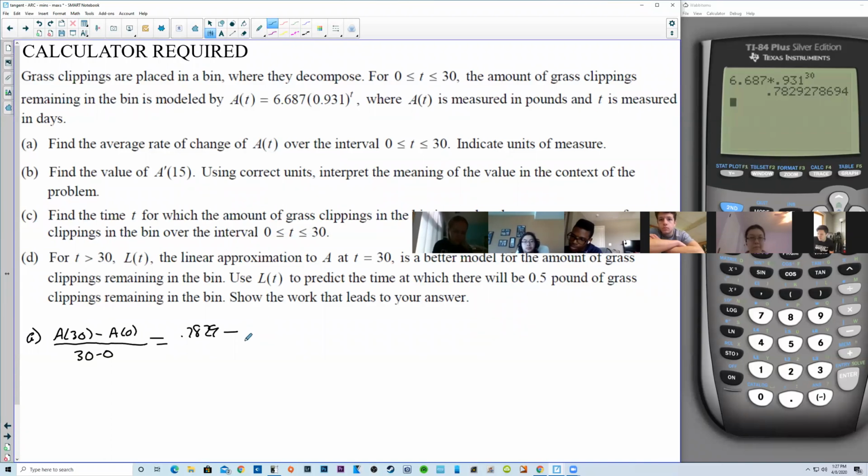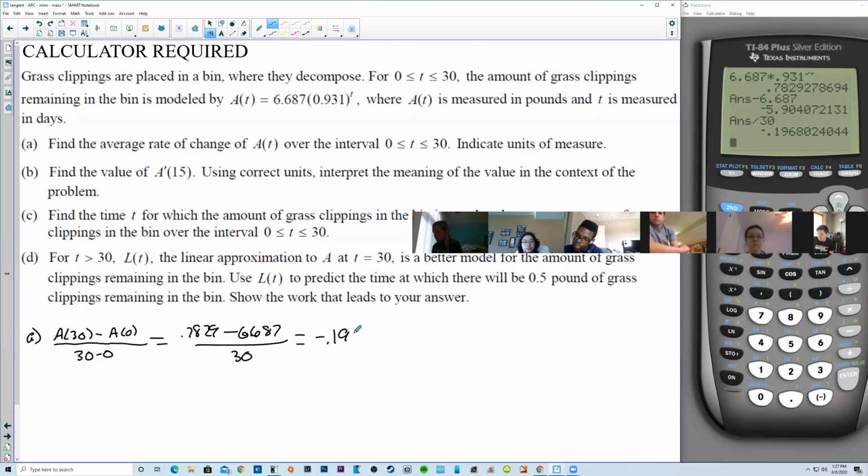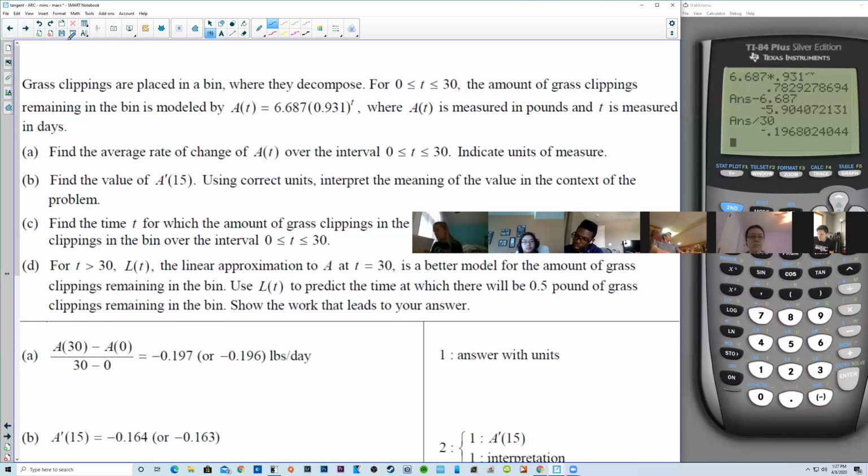So that's going to be 6.687 times that, minus 6.687, and then divide that by 30, and we get that value right there. So negative 0.196 or 0.197. Let's check that, make sure I did that right. Yep, looks right.